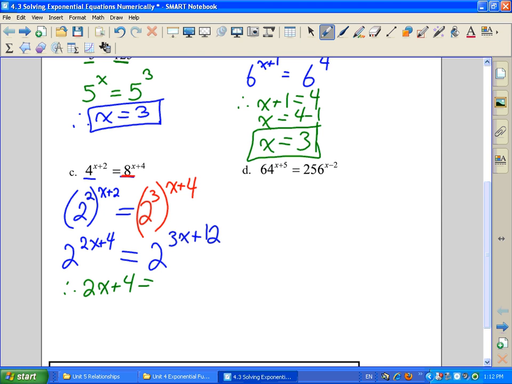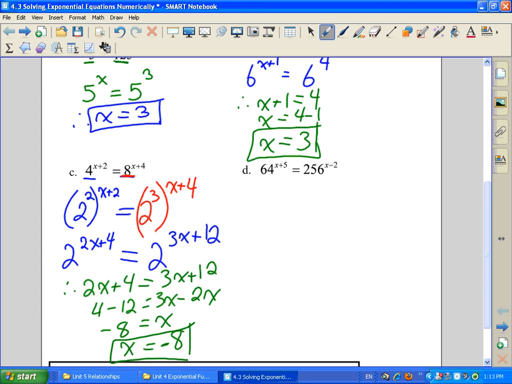So 2x plus 4 equals 3x plus 12. And we're going to simplify through with this. So we're going to have 4 minus 12 equals 3x minus 2x. And we're going to end up here with an answer of negative 8 equaling x. So x equals negative 8. Okay, so that's our solution.